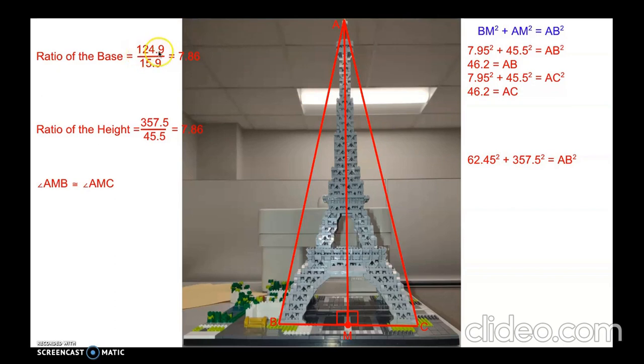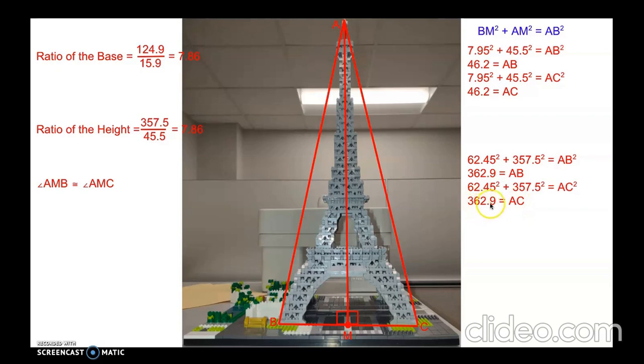So that was 124.9. I'm going to use 62.45. Square that and add it to the height squared, which for the actual Eiffel Tower is 357.5. Square them, add them together, take the square root. AB ends up being 362.9. And AC will also be 362.9.